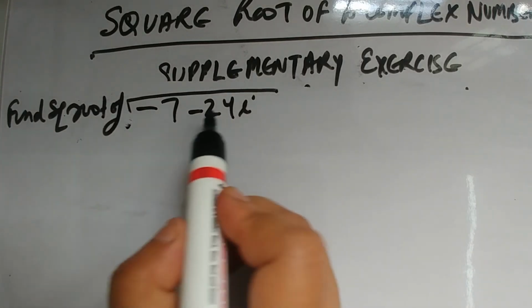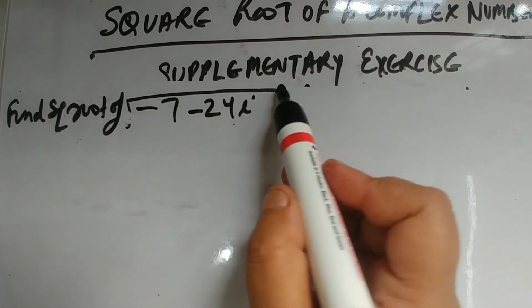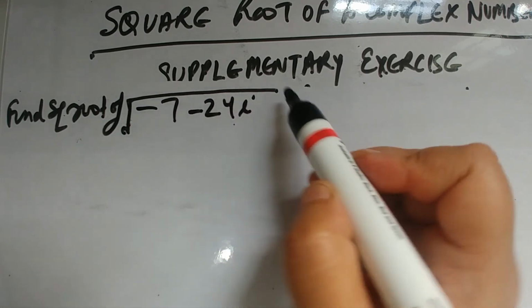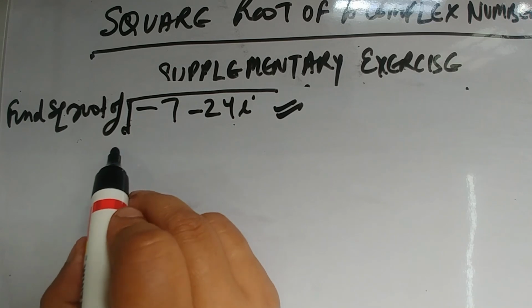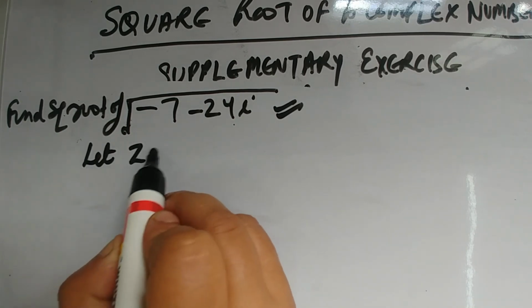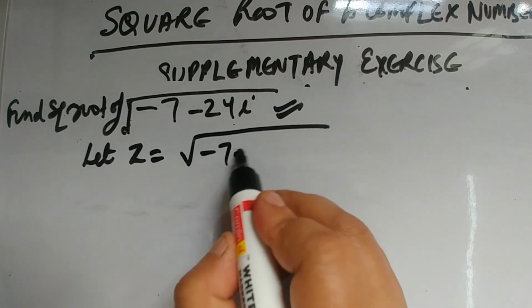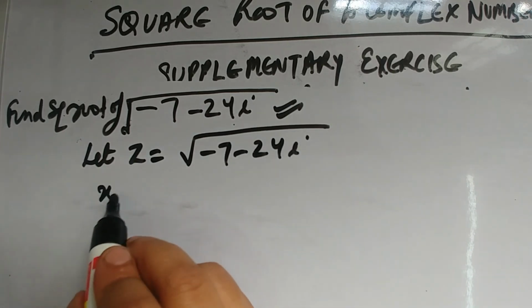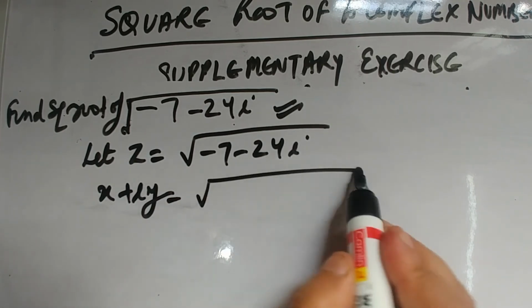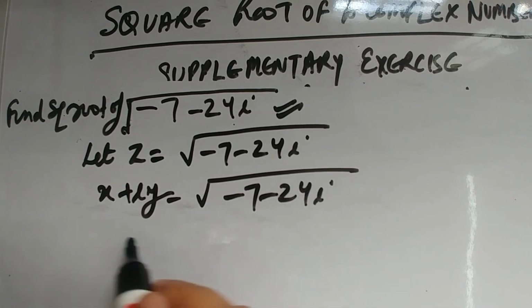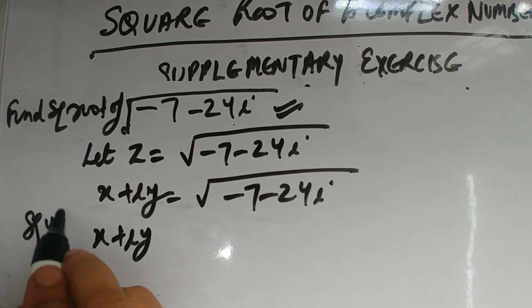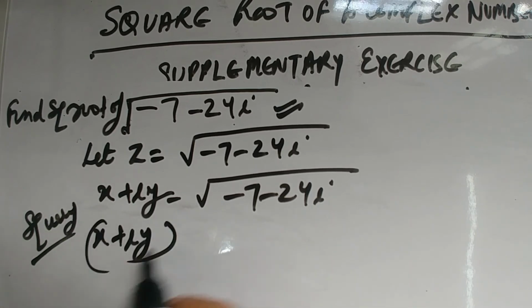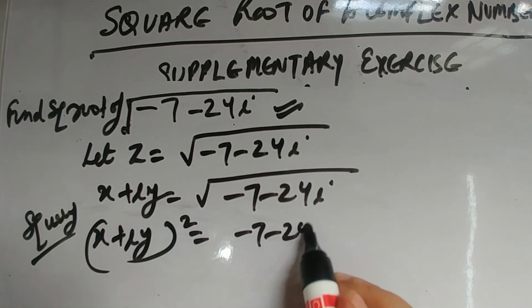For the complex number minus 7 minus 24 iota, I need to calculate the square root of this. Okay, so again I'm going to start with, let z be the square root of minus 7 minus 24 iota, that is x plus iota y. Squaring both sides, what will I get? (x plus iota y) whole square is minus 7 minus 24 iota.